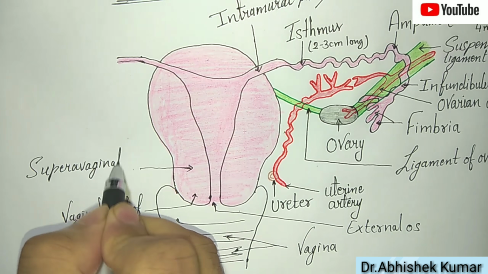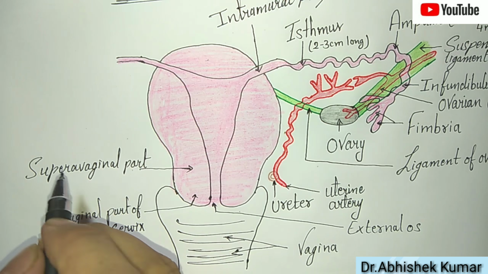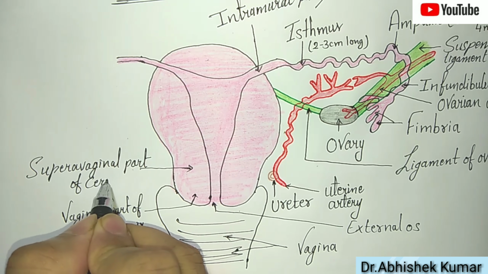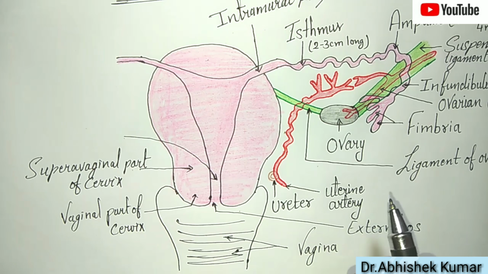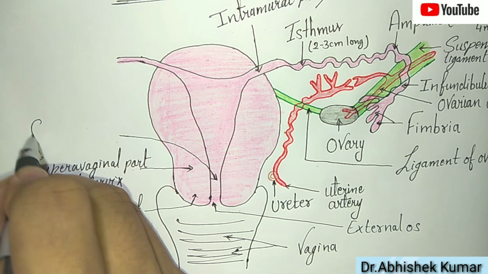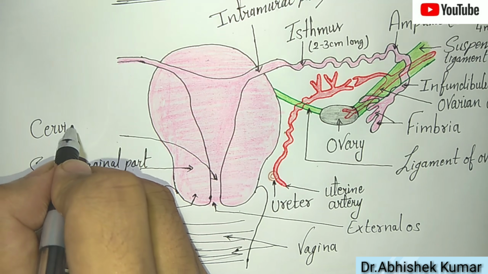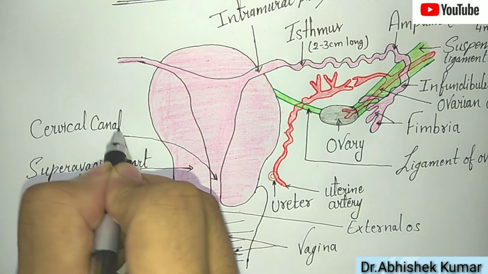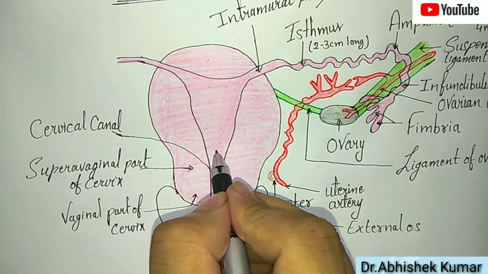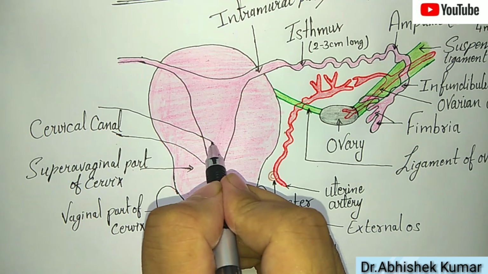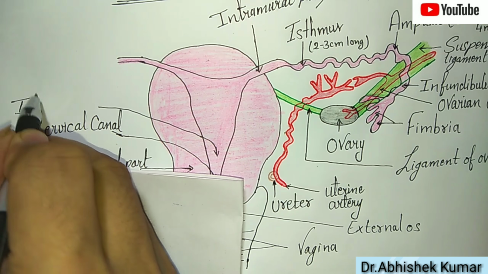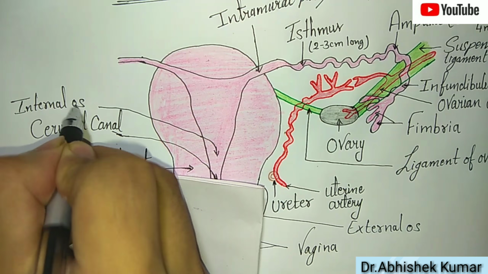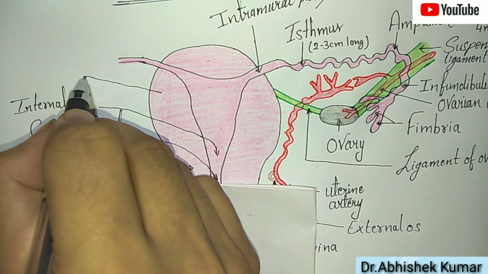This is the supravaginal part of the cervix. This one is the cervical canal. And this one is the internal os.